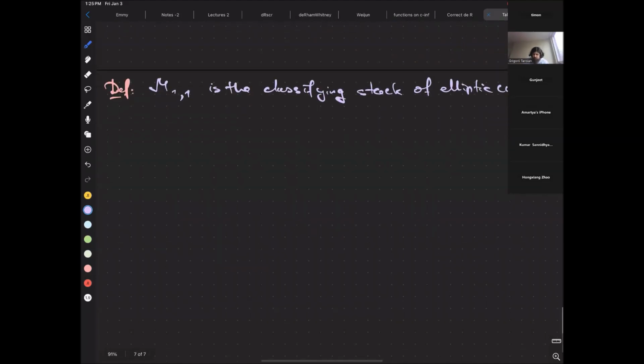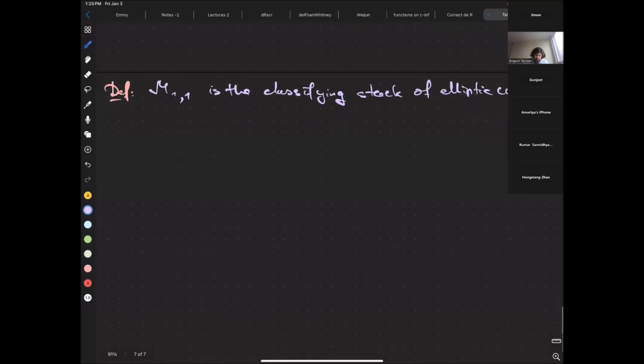So maybe that's a good place to say a few words about the things that we're going to do from now on. In principle, the course is supposed to incorporate some elements of derived geometry, and in particular, we'll use the language of stacks.